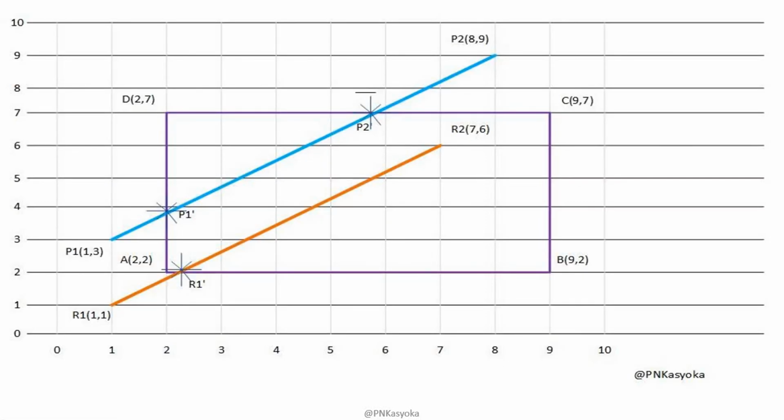Now, if we come back again, if we look at P1 dash, we can tell that its X coordinate will be 2. If you look at P2 dash, you can tell its Y coordinate will be 7. We do not know the X value for P2 dash, and we also do not know the value for the y-axis for P1 dash.